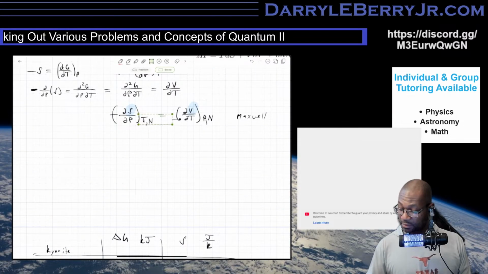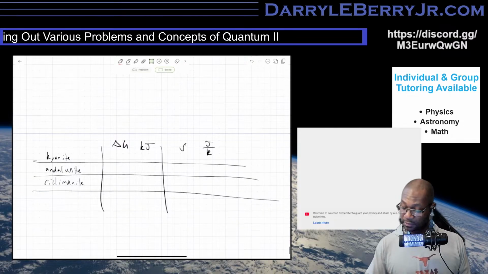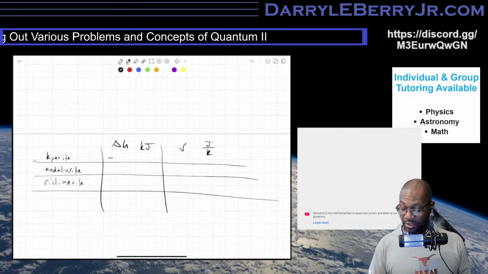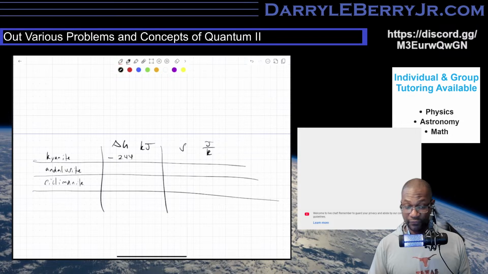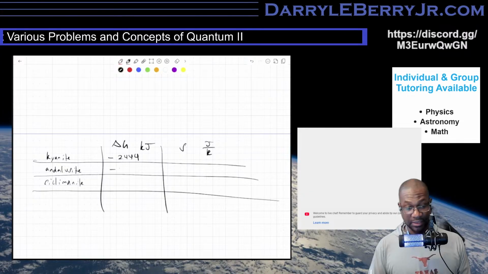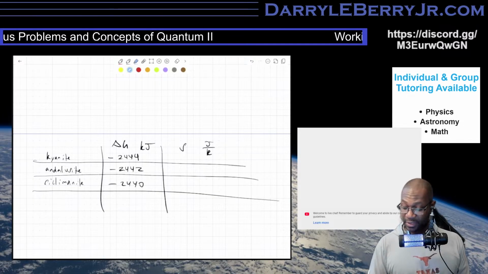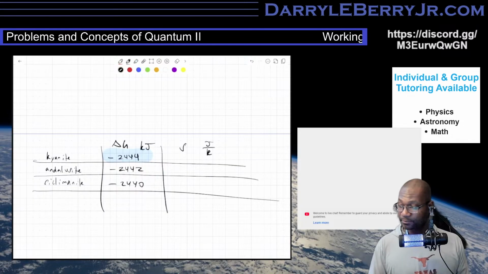Looking at this, the kyanite gives free energy negative 2,444. The andalusite has negative 2,442. And the sillimanite has negative 2,440. So that means that this one is more stable, given that they're all at the same temperature and everything.